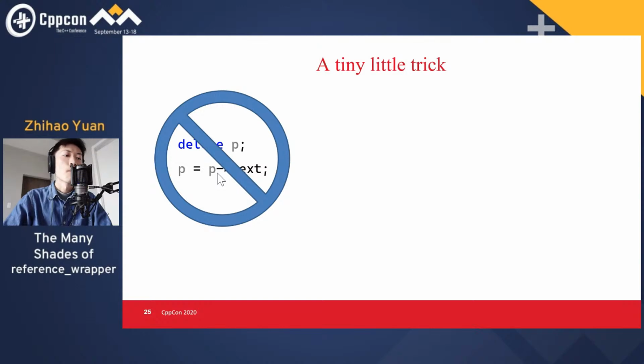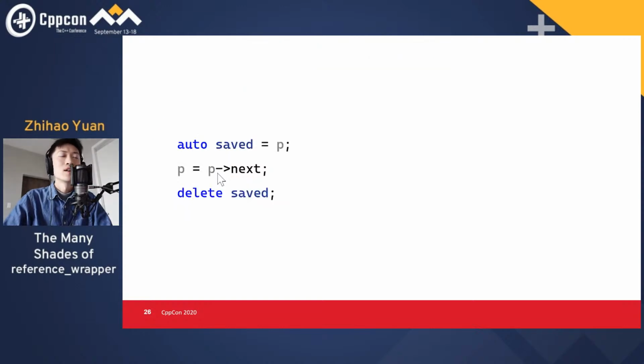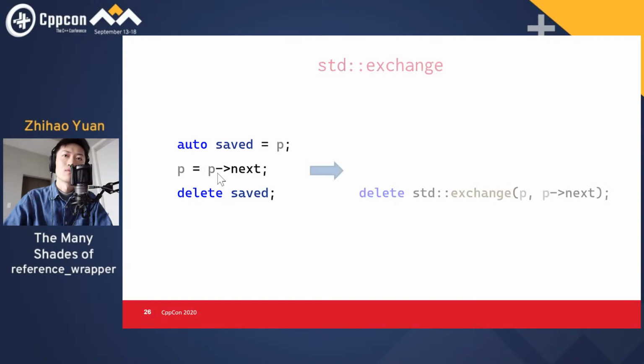What works? This works. We can save the pointer, skip the node, and then delete the current node using the saved pointer. With the help of standard library utilities, we can replace these 3 lines with just 1 line: std::exchange.